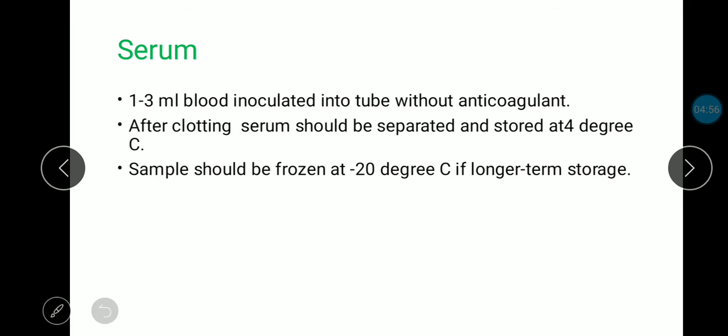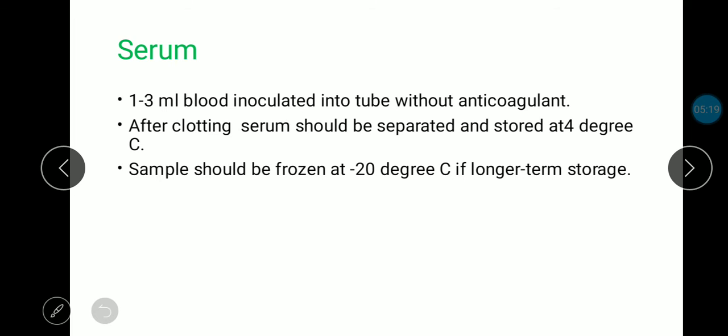For serum, 1 to 3 ml of blood is inoculated into a tube without anticoagulant, due to which it gets coagulated. After clotting, serum should be separated and stored at 4 degrees centigrade.